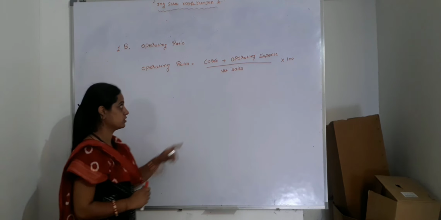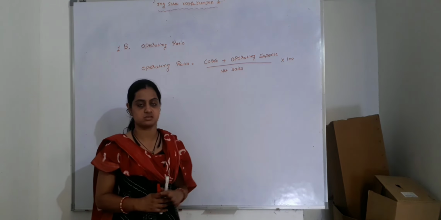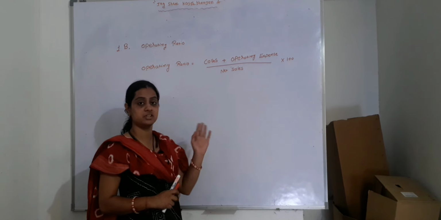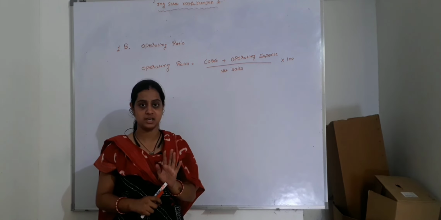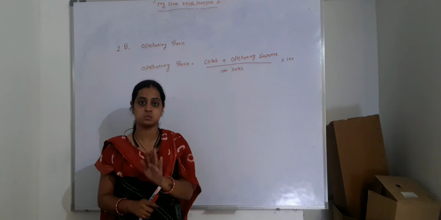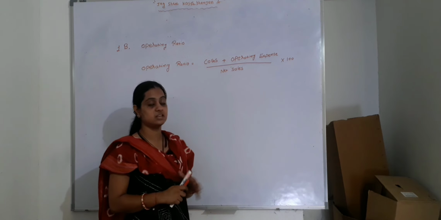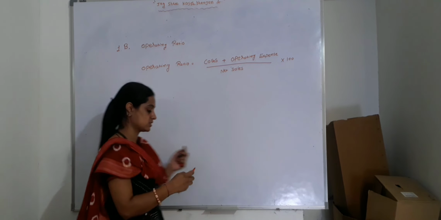So in this question, they have already given COGS. No need to find COGS. If they have not given it, then we already know the formula: opening stock plus purchase expense minus closing stock. And second one is operating expense.